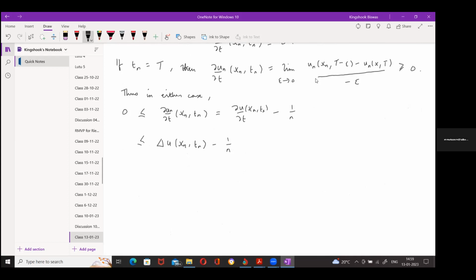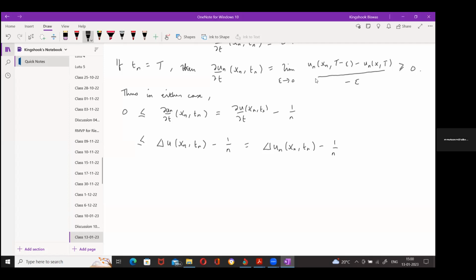But un differs from u by a function of time, so in the space variable they differ by a constant. So the Laplacian of u is the same as the Laplacian of un. So this is Laplacian un at xn, Tn minus 1 over n.